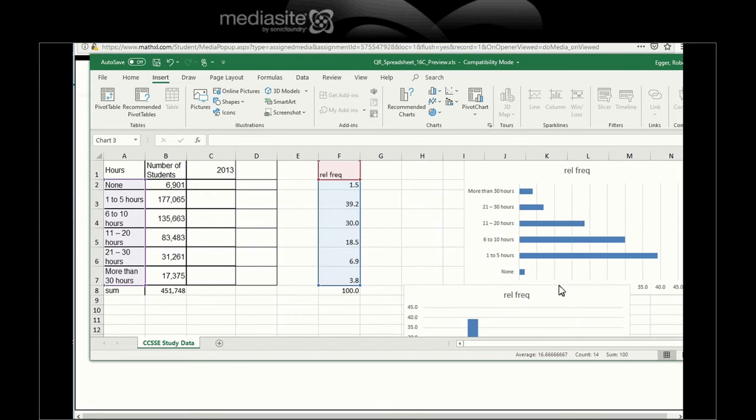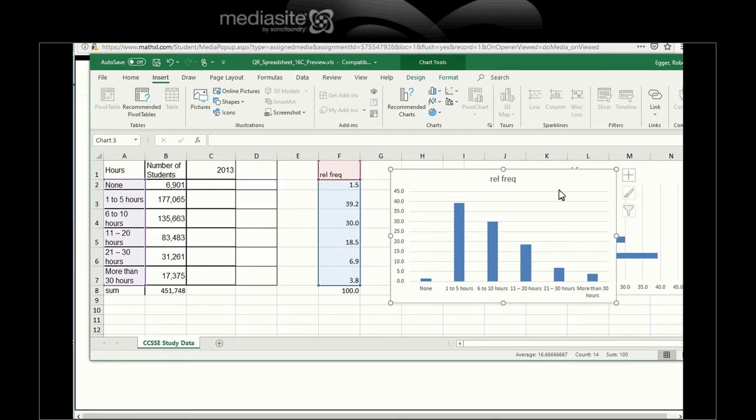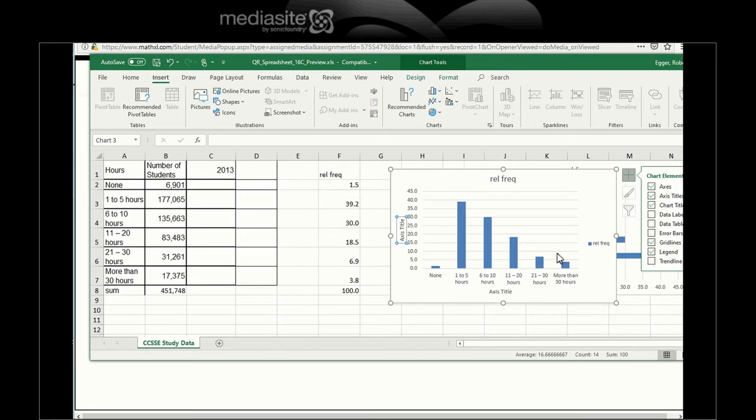Just two ways of giving the same information, depending on what you're looking for. And don't forget to title, legend. Maybe I might be a little more fancy with the titles there. That's okay. Gets the point across.